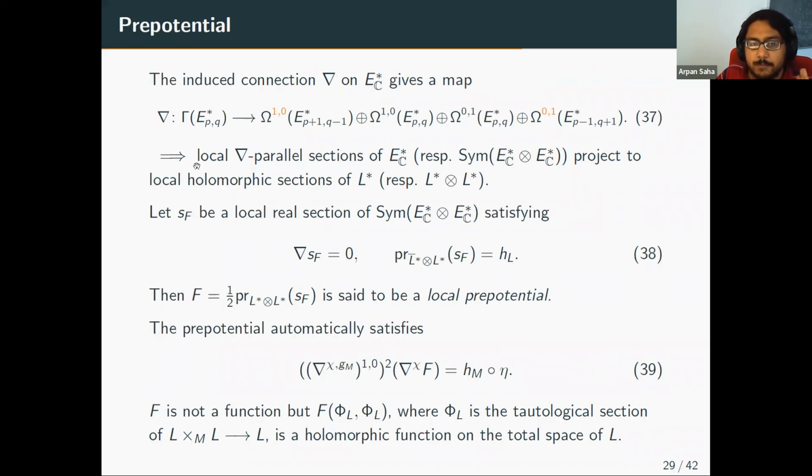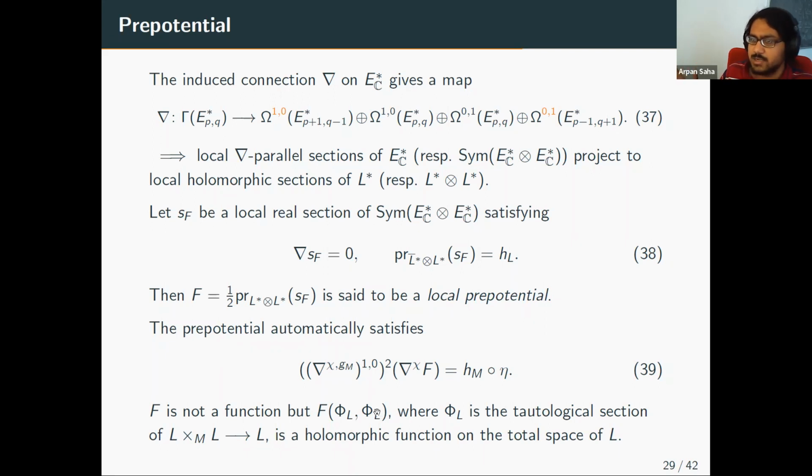But the point is that you can describe this geometry in terms of something called the prepotential, where in my setting, I'm thinking of the prepotential as a section of L star tensor L star, where L is this line bundle that I had just described. Okay, and you can get back the usual notion of prepotential that I think is more customary in physics by going to the total space of this line bundle L. Yeah, and then you can plug in the tautological section.